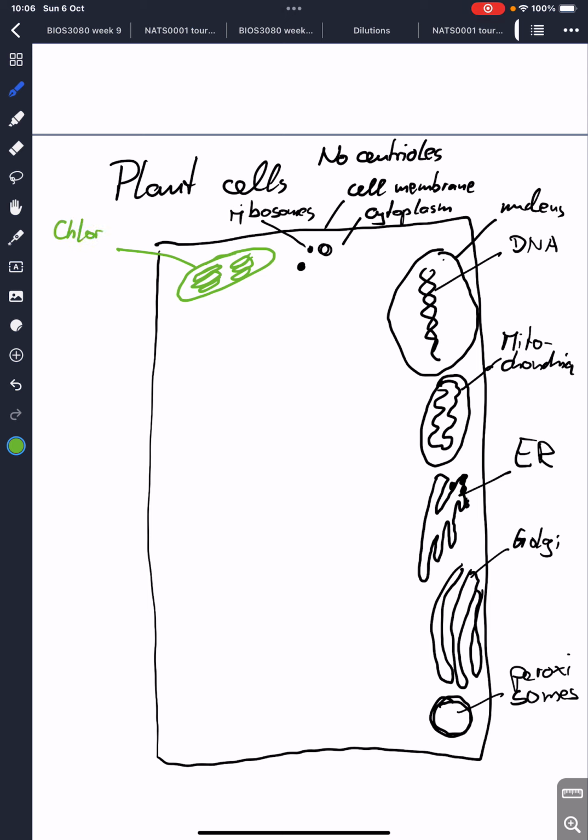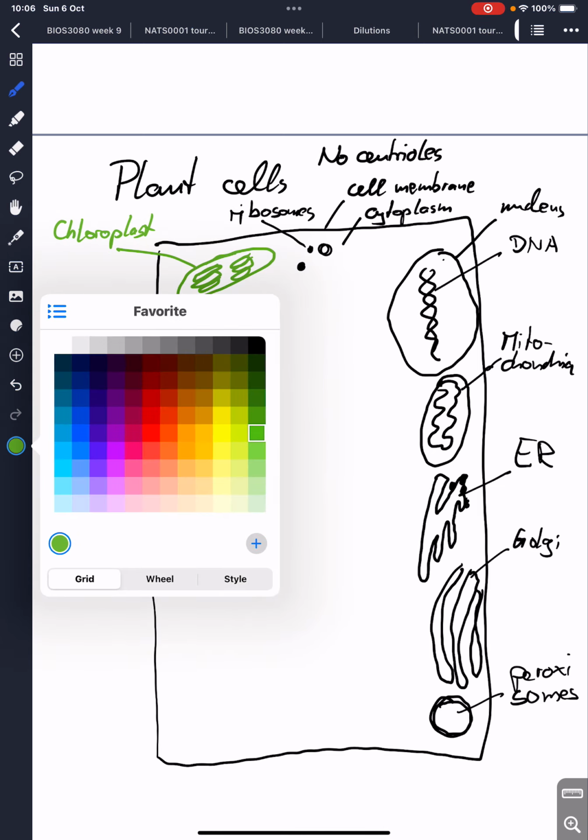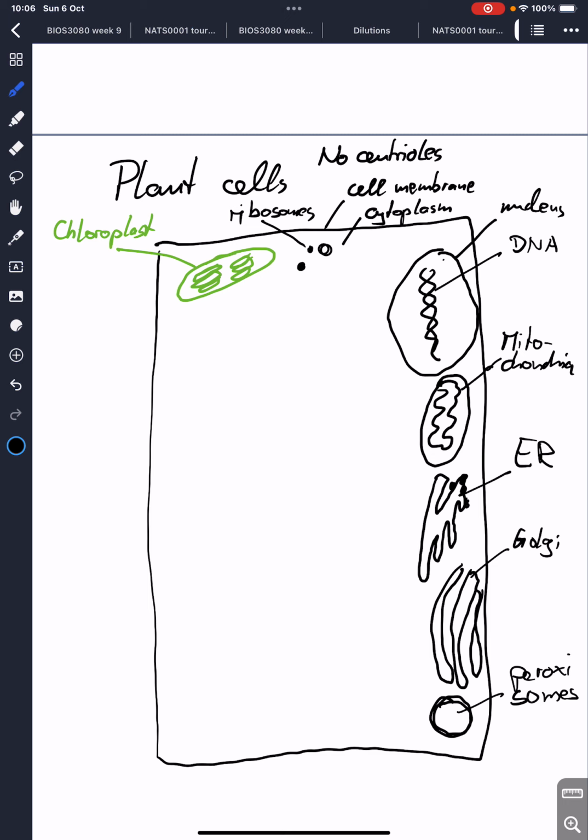So we have chloroplasts for synthesis of sugars from sunlight. Again, we've got a number of phospholipid membranes in these chloroplasts.